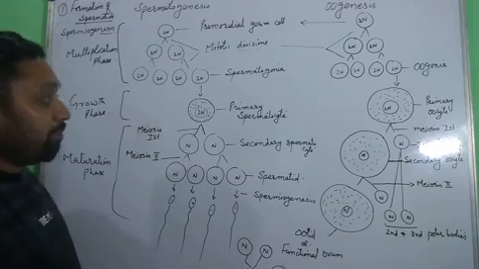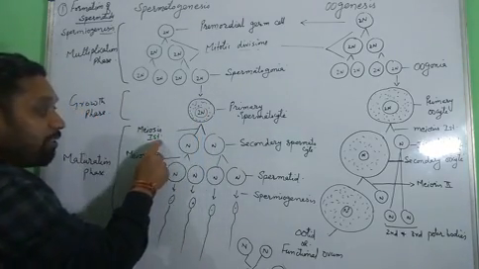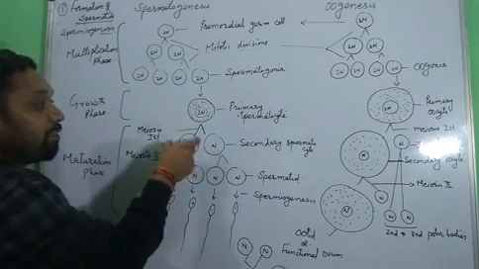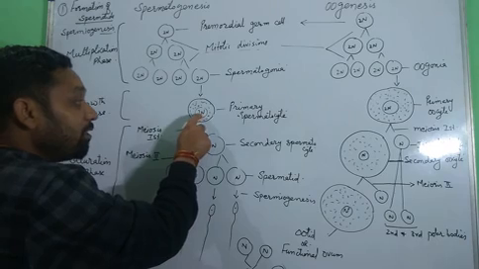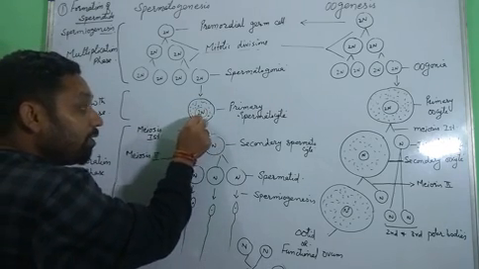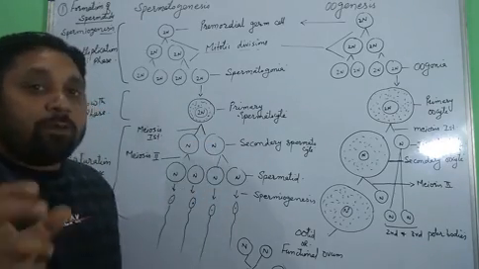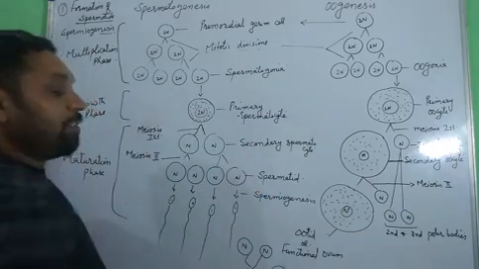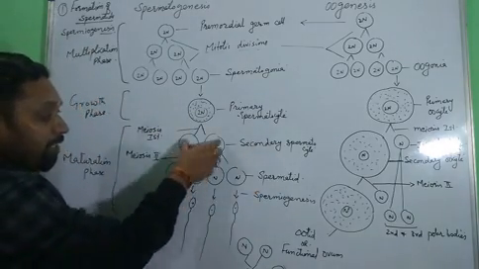In this process, the primary spermatocyte undergoes meiosis first, which is reductional division, because the chromosome number of the diploid cell reduces to half and two daughter cells are formed, which are known as secondary spermatocytes. Meiosis first is immediately followed by meiosis second.